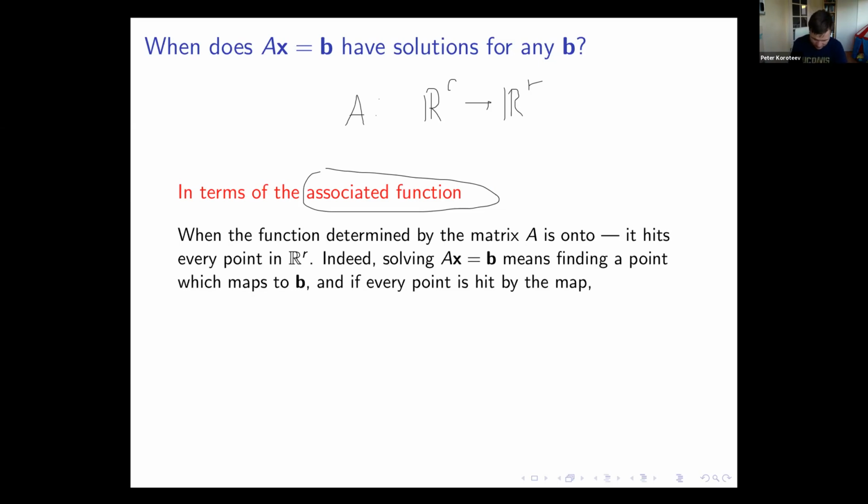So let's do it like this. If this is one blob, R^C, and R^R is another one, there's a function that maps you from here to here. We take vector x in this space, and map it to b in that space. So you need to find a vector x that is sent to vector b by this linear transformation.